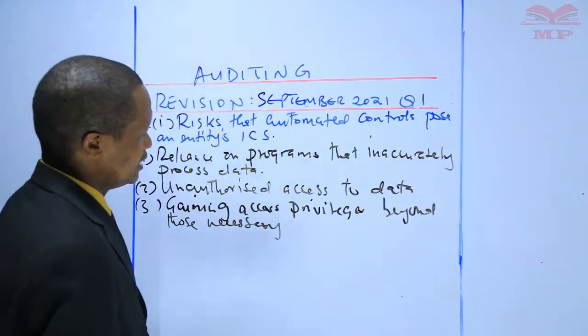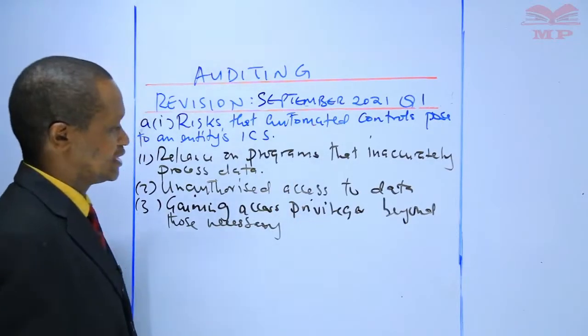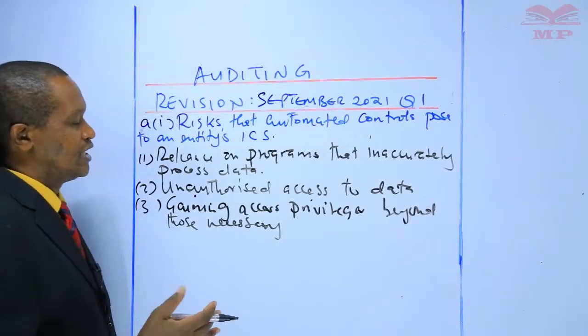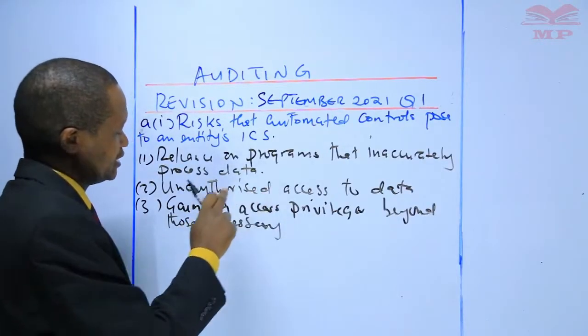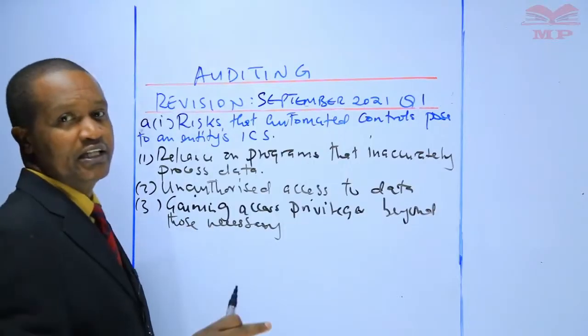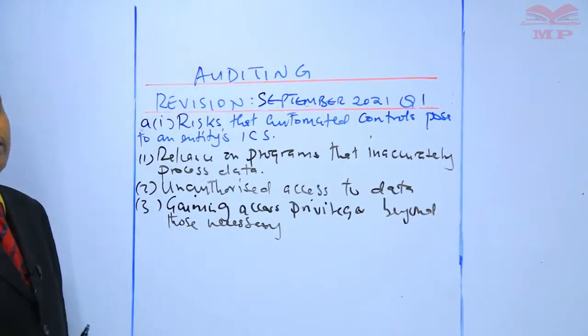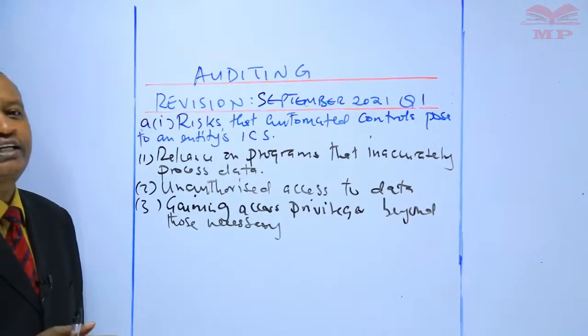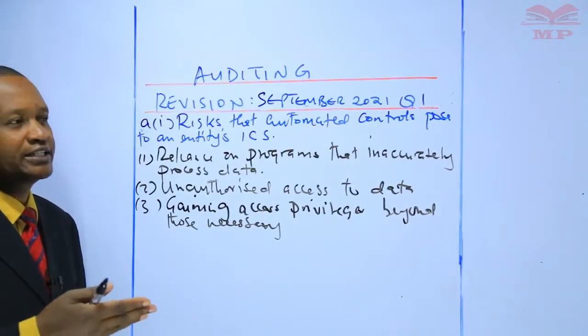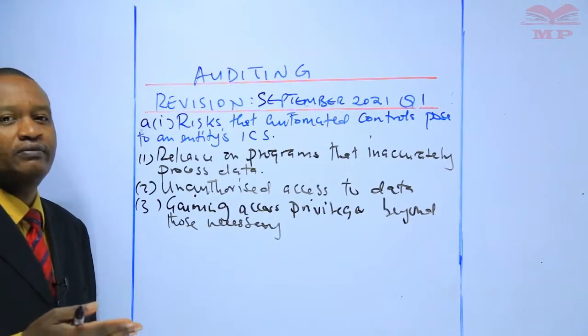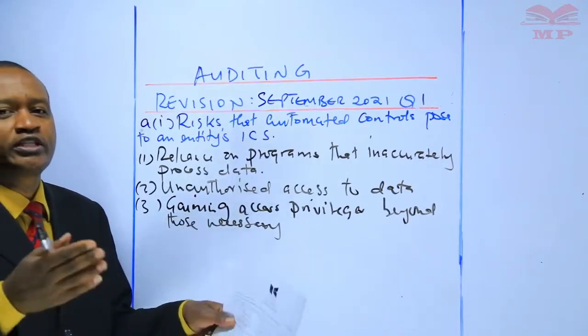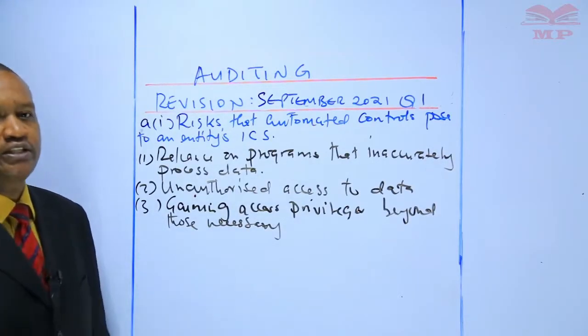We are saying here that there is that risk that, other than just unauthorized access, even those who have access, the IT personnel who have access, may gain access privileges that are beyond those necessary to perform their assigned duties.